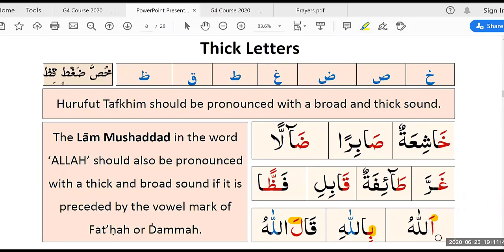Billahi. And I just want to clarify here that this rule is only for lam mushaddad in the word Allah. So for example, when we have this kind of lam mushaddad, we will not make it thick. It will always be thin, no matter what.